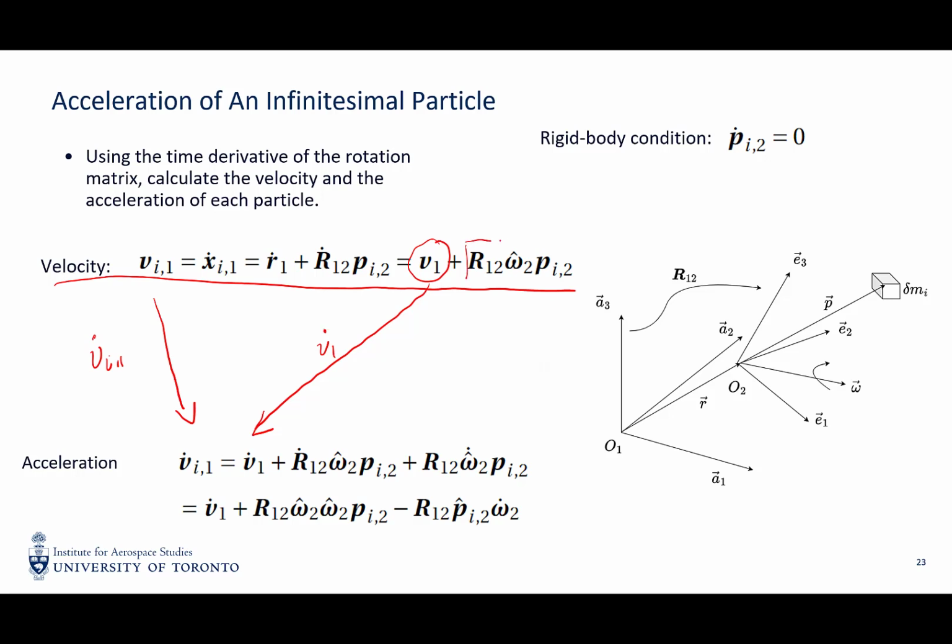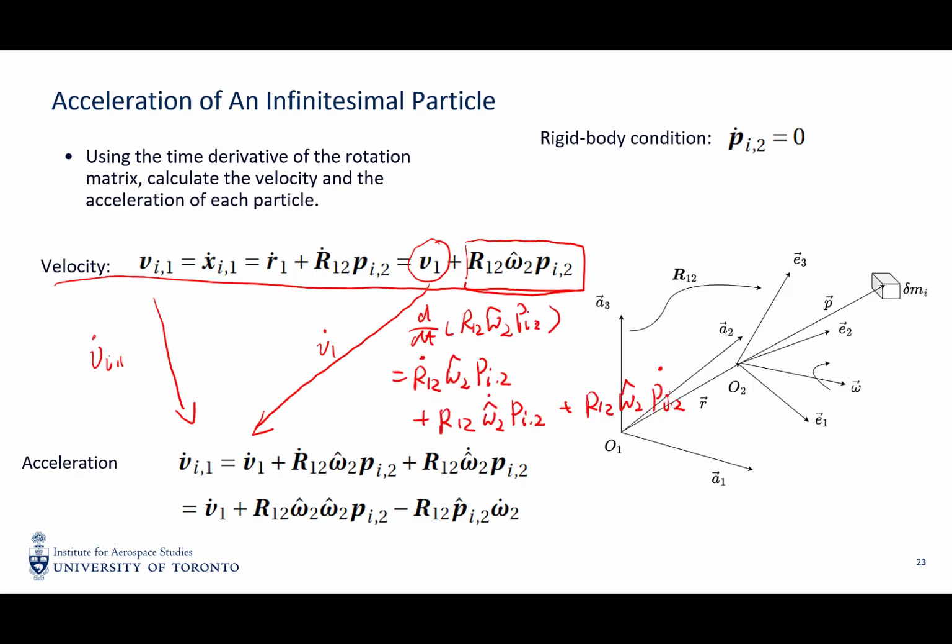Then we need to take the time derivative of the entire remaining term, which will actually give us three terms by applying the chain rule. Because we have a multiplication of two matrices and then one vector, it is equal to applying the time derivative on the first one, plus applying the time derivative on the second one, plus applying the time derivative on the third one. And because we have the rigid body assumption here, the third term is 0.